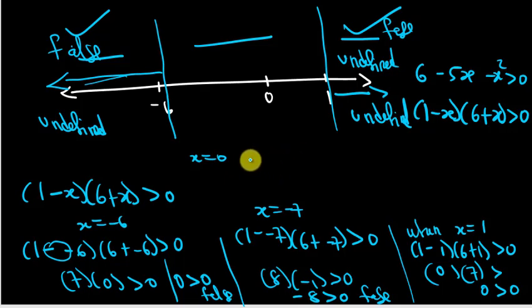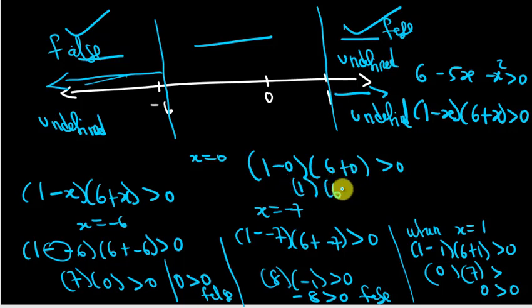We are using the same factorized expression: 1 minus 0 times 6 plus 0, and this is greater than 0. 1 minus 0 is 1, times 6 plus 0, which is 6. So we have 6 being greater than 0, and this statement is true.